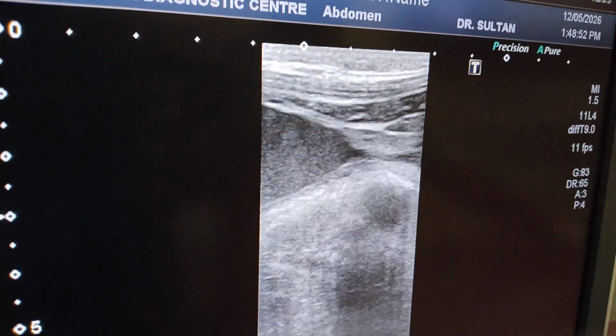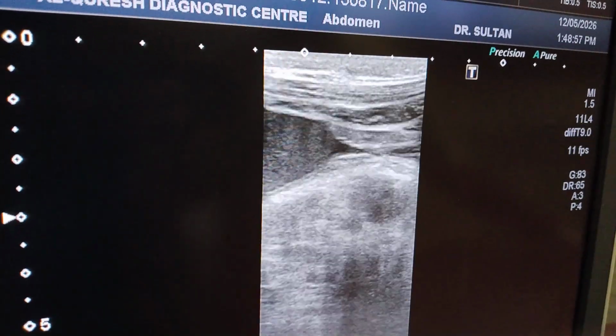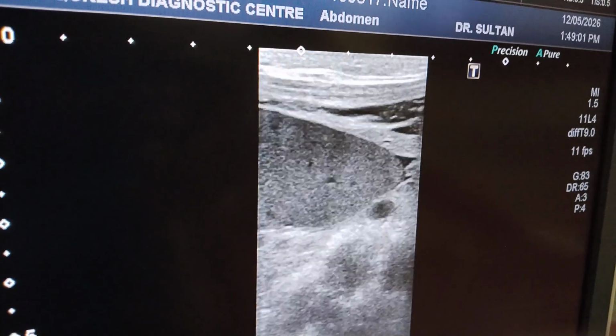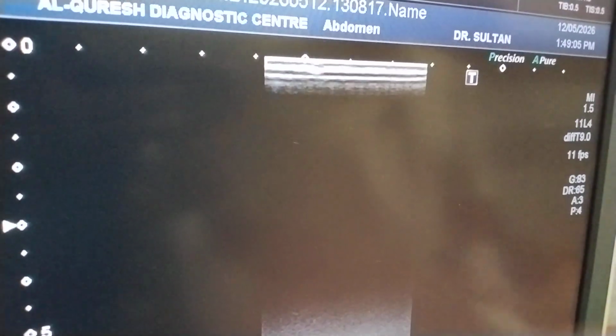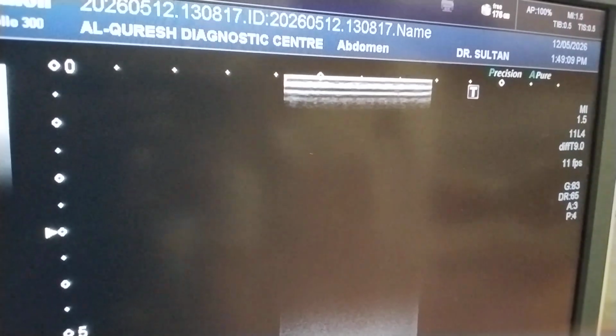I have seen the left heart chamber and right heart chamber, both are dilated, and ejection fraction is significantly reduced. So this fellow is also having cough.